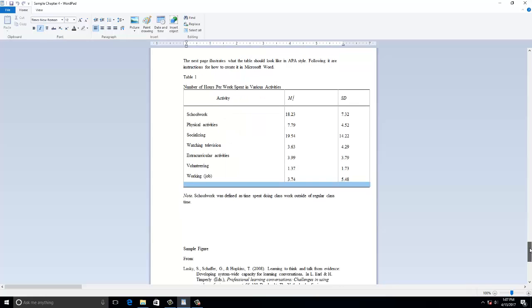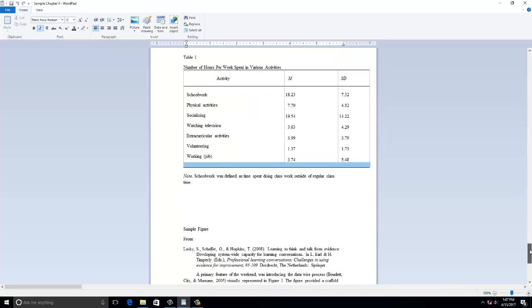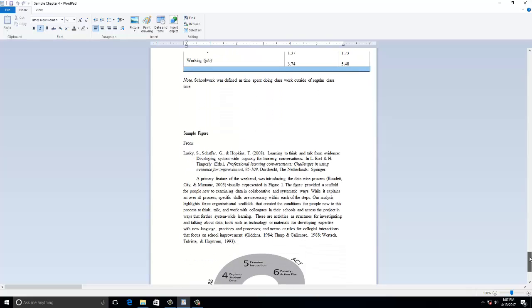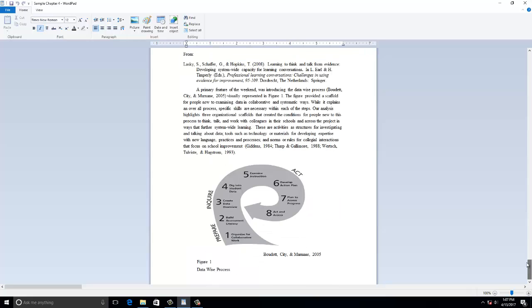What I'm going to show you next is how you set up a sample figure. It's taken from a chapter I wrote several years ago. Notice what we start with here is an introduction to the table, and in this case, this is actually discussing the role that this particular figure played in a professional development session that we gave with a group of teachers who were from all over the country.